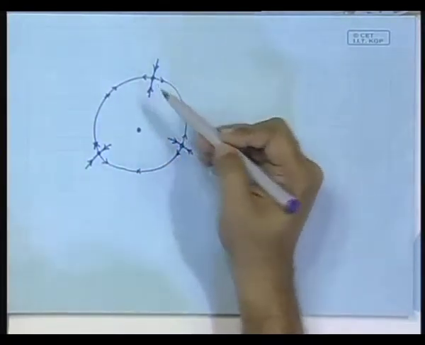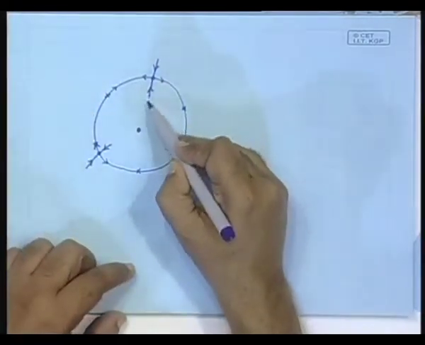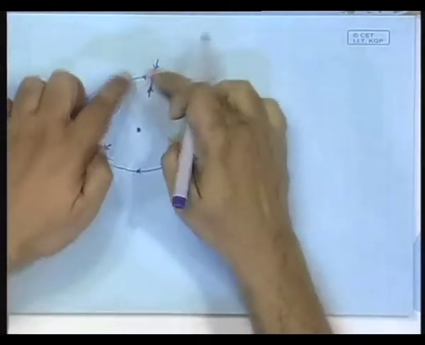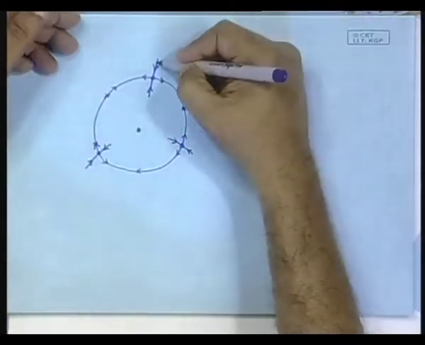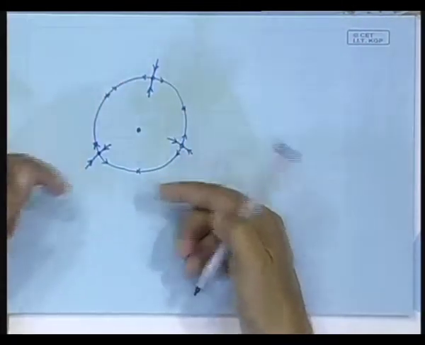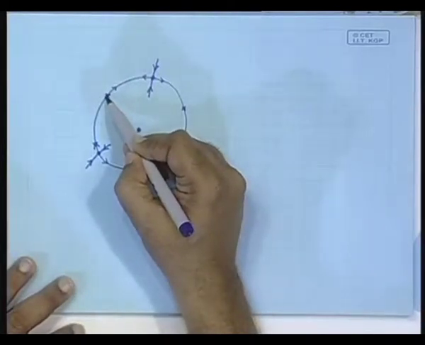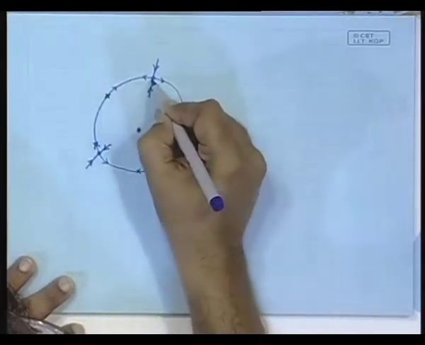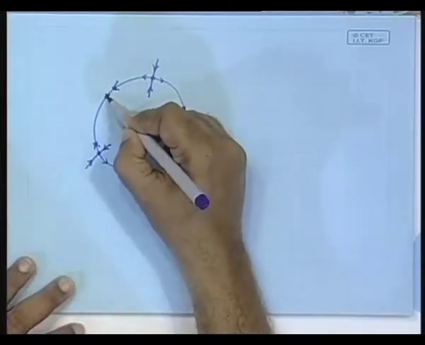So, anything that is inside, because of the action of these unstable manifolds, goes outward to this loop. Anything that is outside, because of the action of these manifolds, goes into this loop. But then these are the stable points. So, from here, this is wrong. From here it would converge onto this.